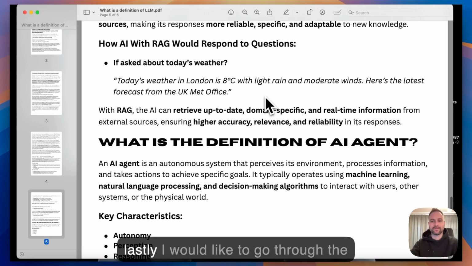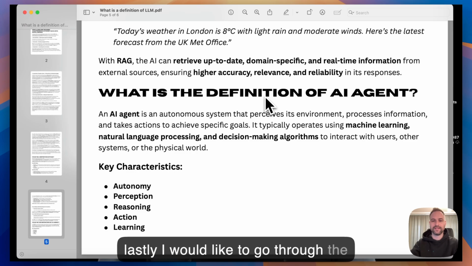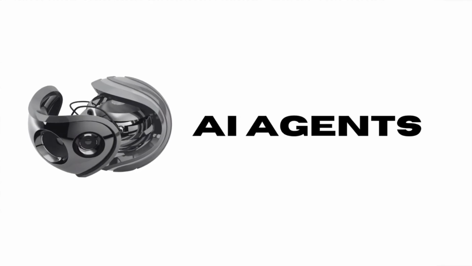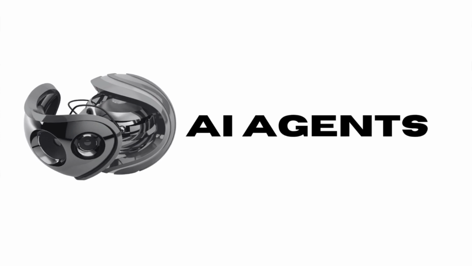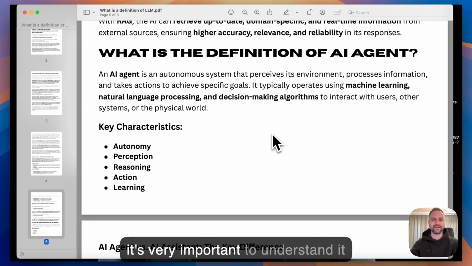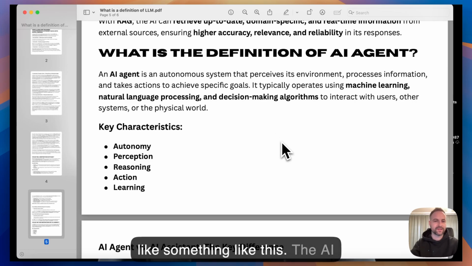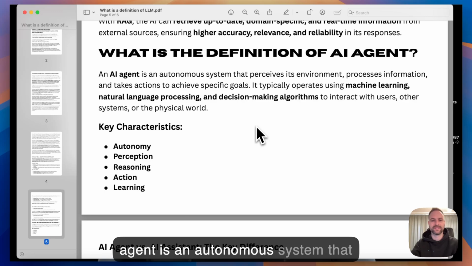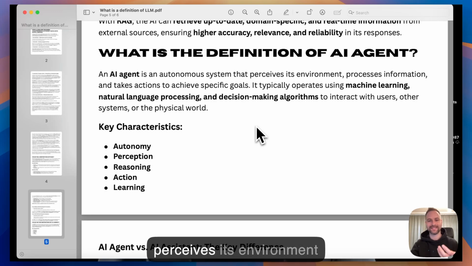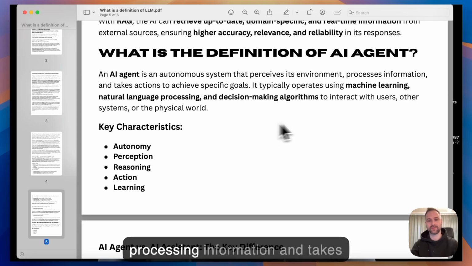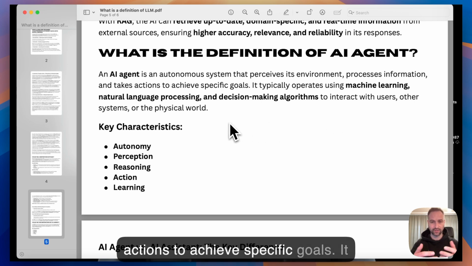And lastly, I would like to go through the definition of an AI agent, because it is something we are all talking about and building. So it's very important to understand it too. I think the definition can go something like this: an AI agent is an autonomous system that perceives its environment, processes information, and takes actions to achieve specific goals.